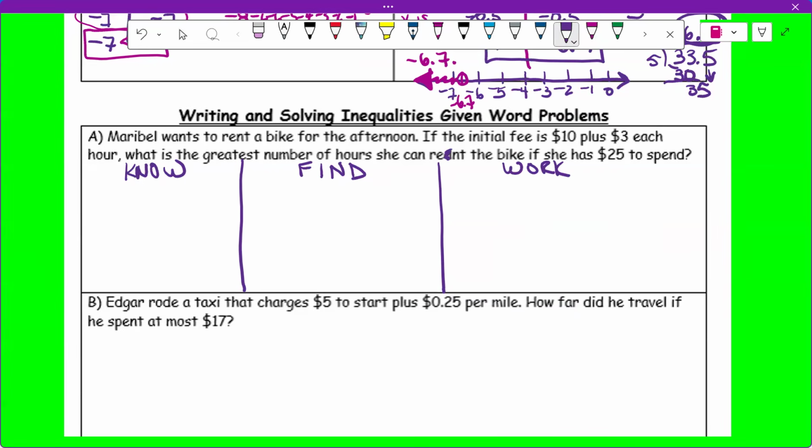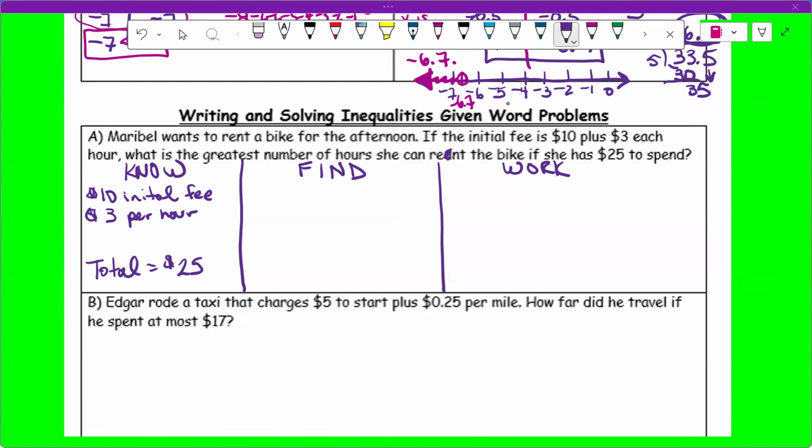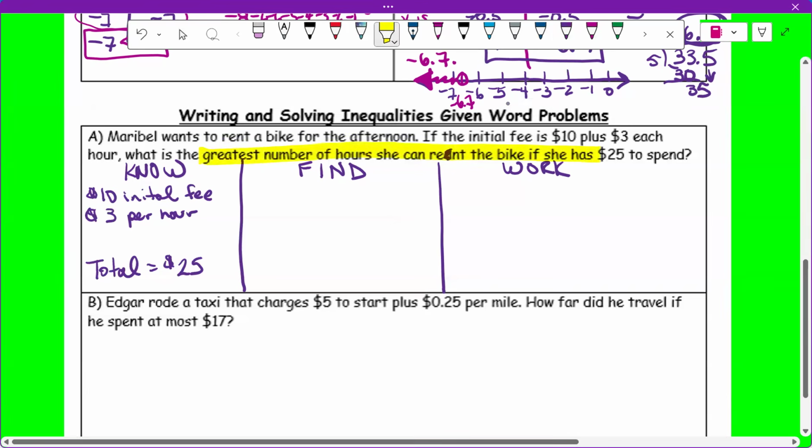So we know there's a $10 initial fee. It's $3 each hour. And she has a total of $25. What's it asking us to find? The greatest number of hours, right? She can rent the bike.